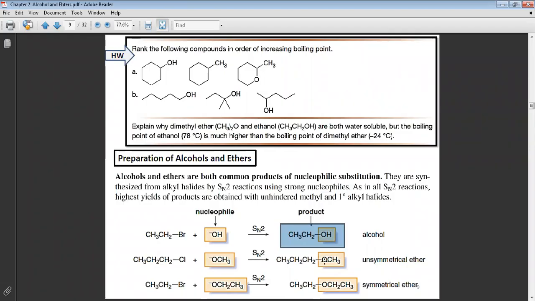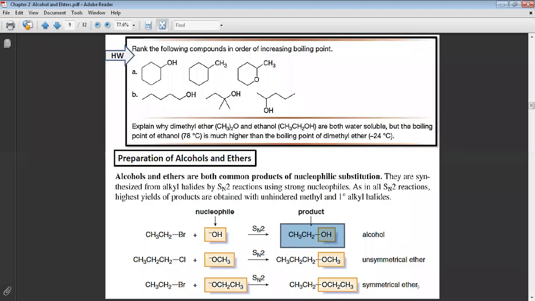Easy. Look at this methoxy, SN2 reaction, Cl will be removed, that means it will be an ether, methyl propyl ether, or propyl methyl ether.